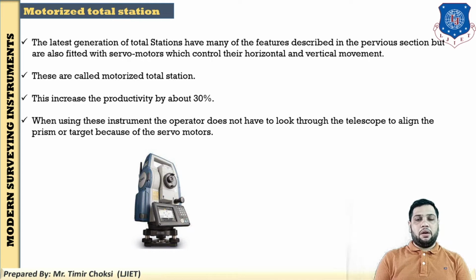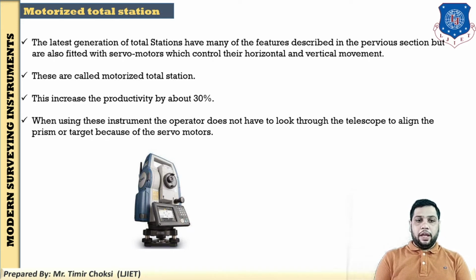But one feature added in this type of total station is that it is fitted with a servo motor which controls the horizontal as well as the vertical movement. So the telescope is connected with the servo motor, and the horizontal and vertical movement is controlled by the servo motor. So you directly find the horizontal angle as well as vertical angle.